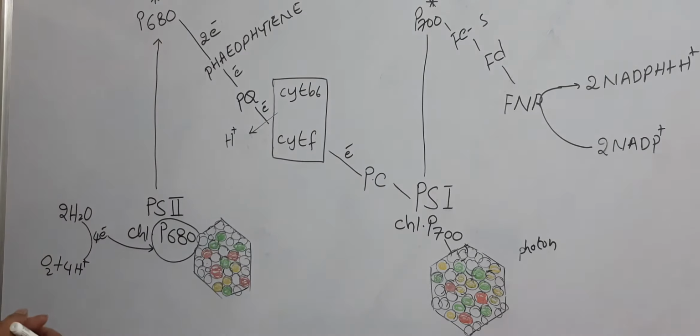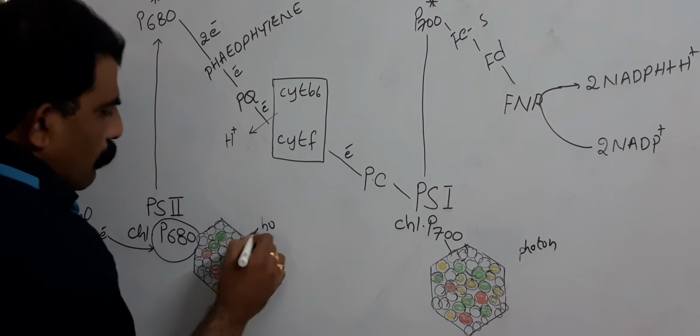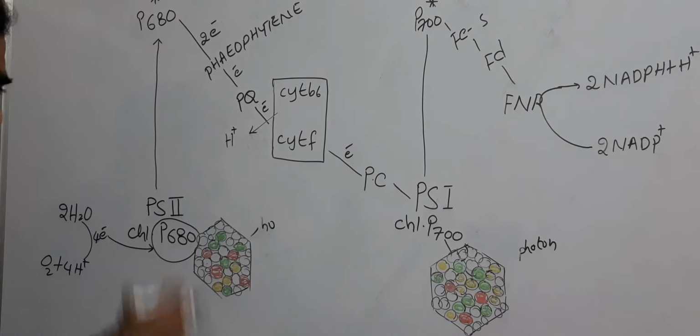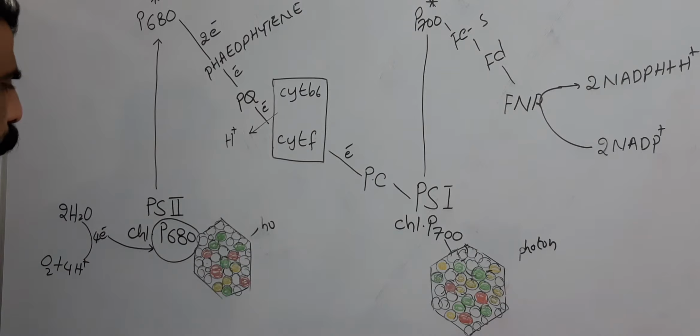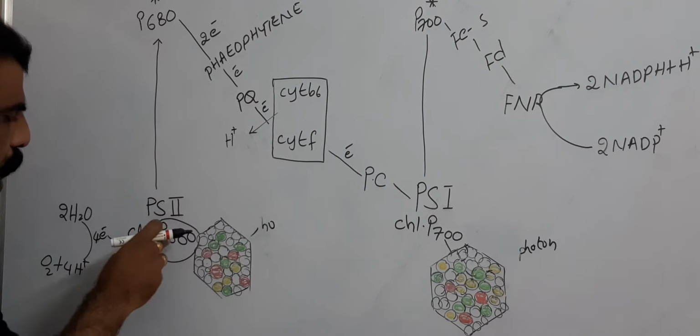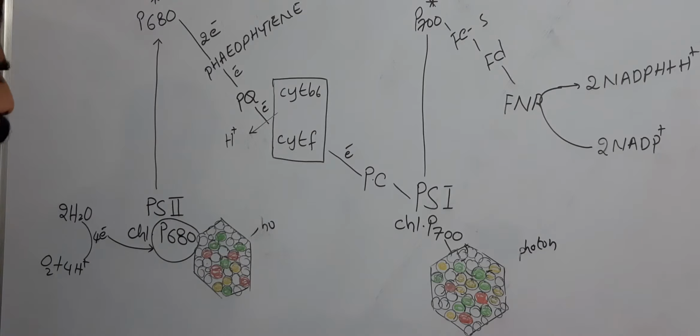So here, first in PS2, the reaction center P680 gets excited, because the photons are absorbed by the light harvesting complex, transferred through various pigment molecules to the reaction center through resonance transfer, and finally transferred to the reaction center P680. Then P680 gets excited.